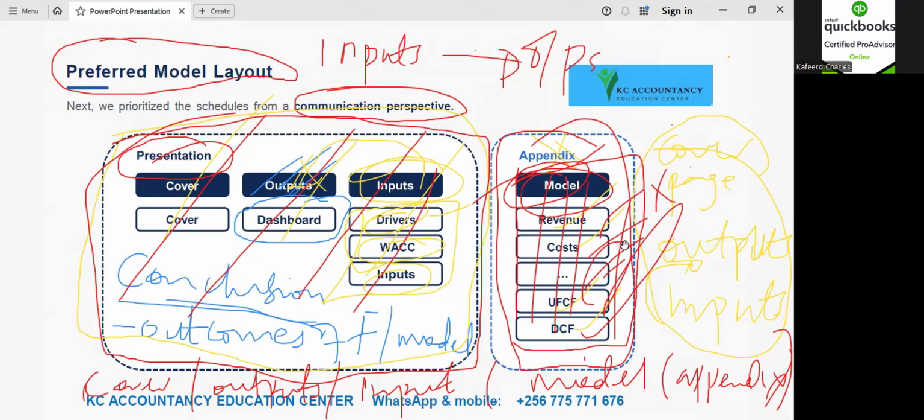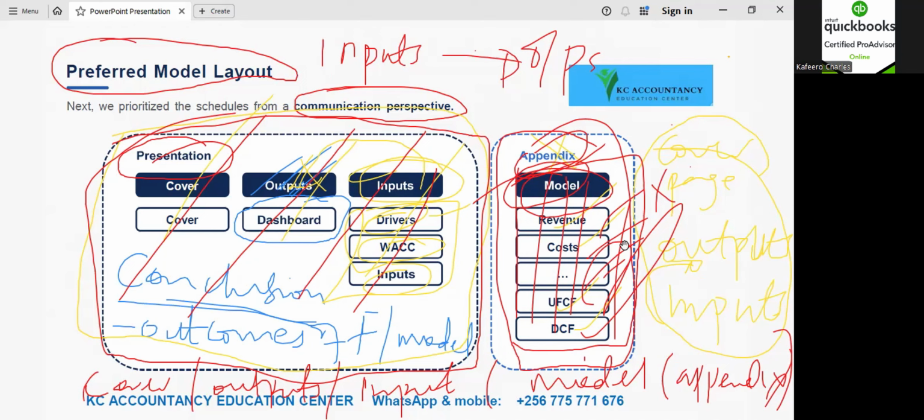It is where you are going to focus when you need instant feedback. And when you look at this right-hand side for the appendix, this is essentially like the engine.